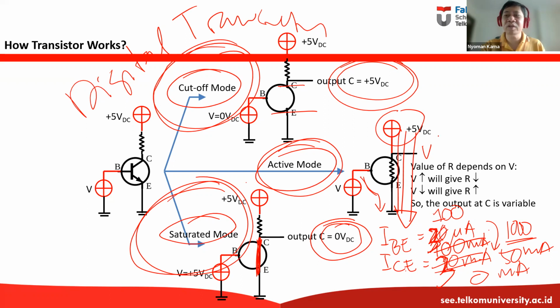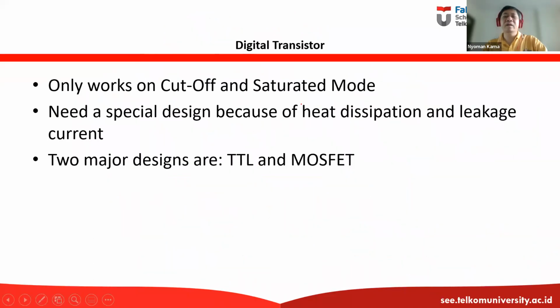However, in active mode, the voltage could be variable. So in a digital transistor, we can only work in cutoff mode and saturated mode.